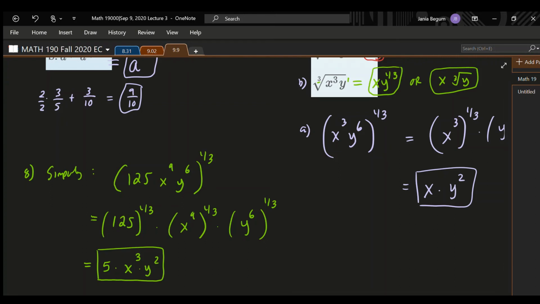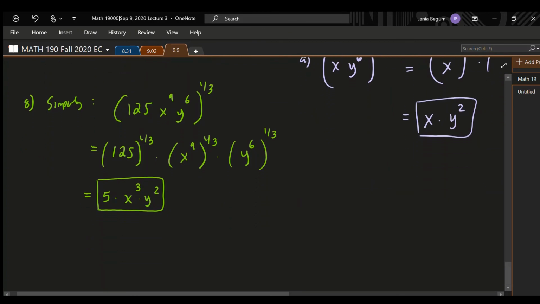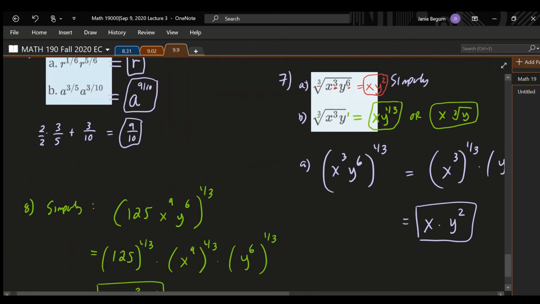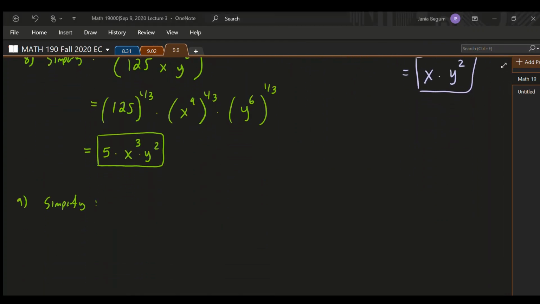Now what if the exponent doesn't divide evenly? What do we do in that case? So here's another example. Say you want to simplify the following. For the previous two, the exponent happened to divide evenly, except for 7b, it didn't, so we kept it. But there's something else we can do. So observe this one.